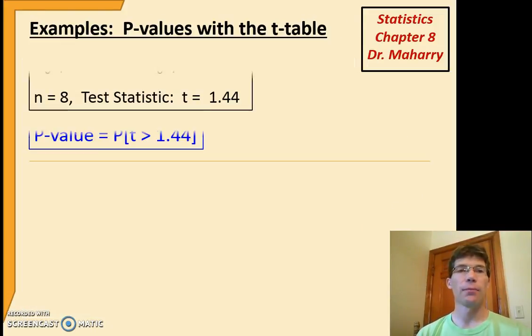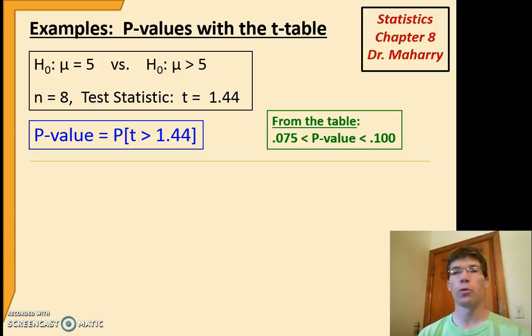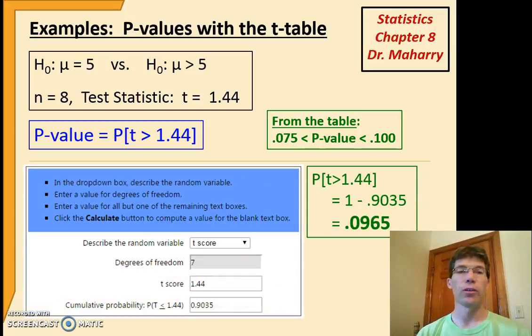So if we go back to the example we just had, mean was 5 versus mean is greater than 5. If n is 8, the t-value was 1.44. So we're looking for p greater than 1.44, and from the table we approximated it somewhere between 7.5% and 10%. Well, if I go to StatTrek, plug in 7 degrees of freedom, a t-score of 1.44, notice it gives me a probability of 0.9035.